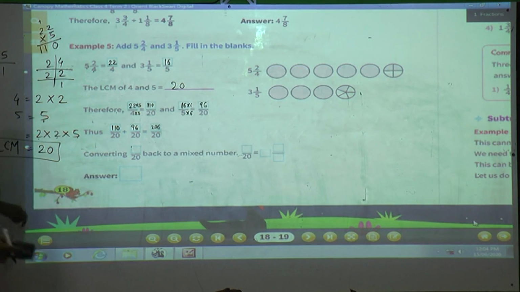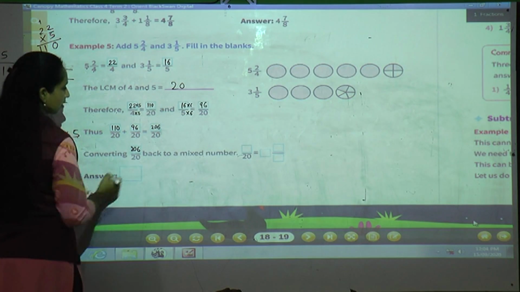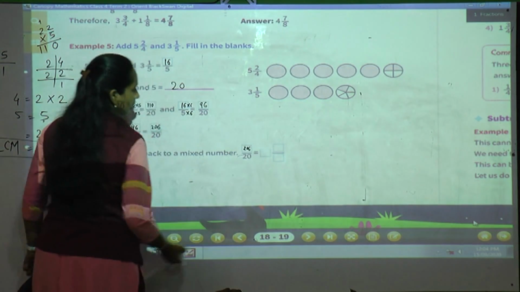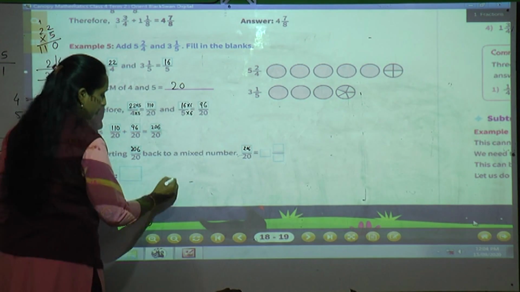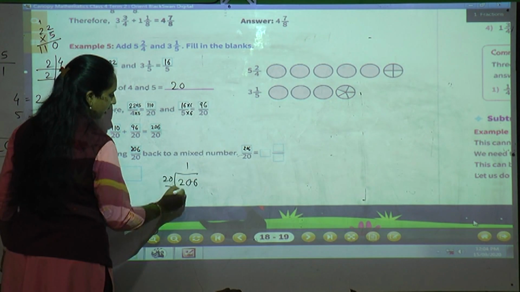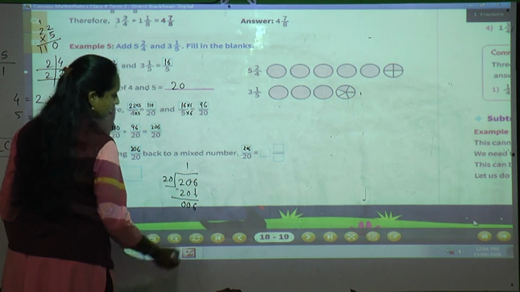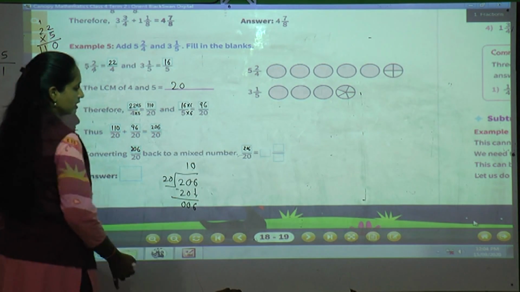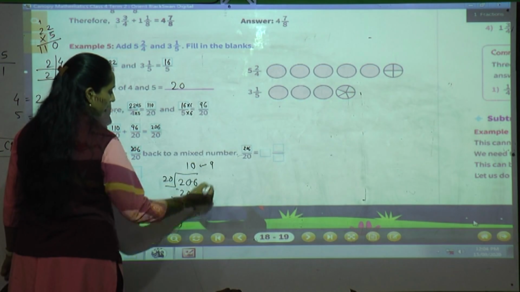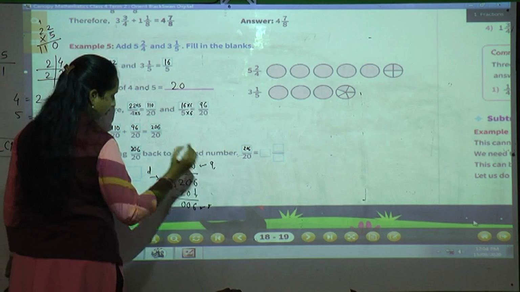Now we need to convert this number into a mixed fraction, isn't it? Now what do we have to do? Division. 206 divided by 20. 20 1s are 20, 0, 0. Bring down 6. We cannot divide, so give the 0. Isn't it? So this is the quotient, this is the remainder, this is the denominator.